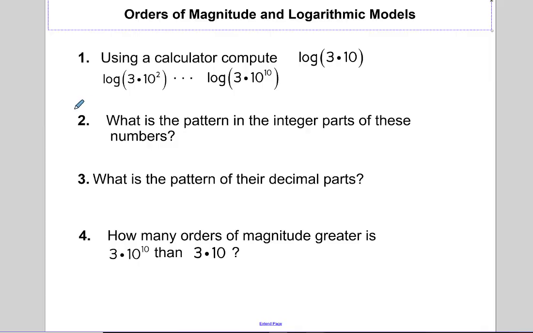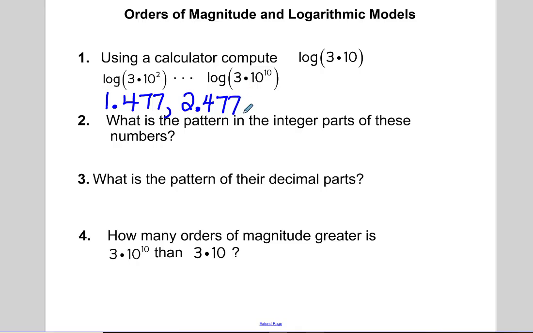Now, we can use order of magnitude to compare quantities. So if you use your calculator to calculate the log of 3 times 10, that's log of 30, 1.477. And then 3 times 100, that would be 300, that's 2.477.